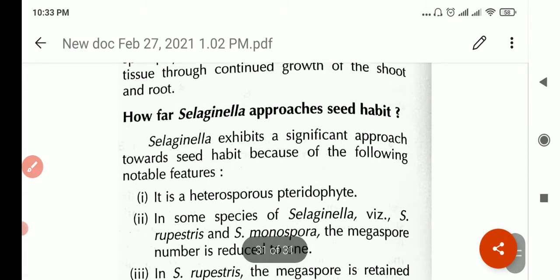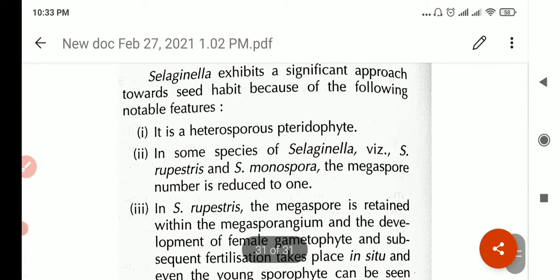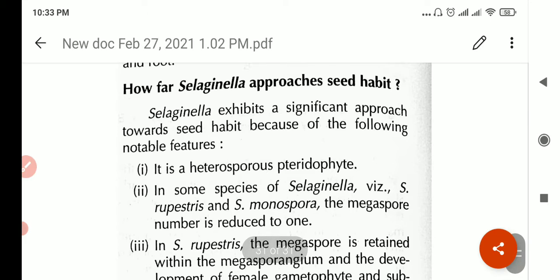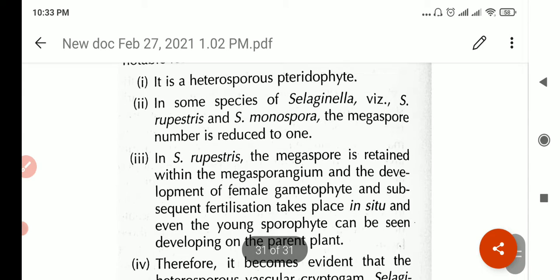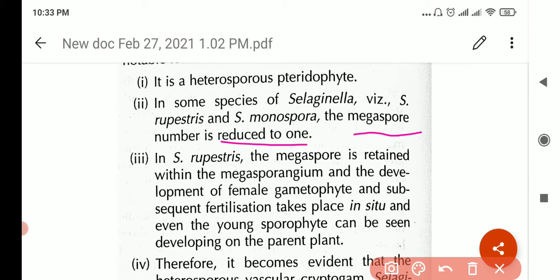Now let's look at how it approaches the seed habit. This means, how is Selaginella similar to the higher plants which produce seeds? Because number one, it is heterosporous. It produces 2 types of spores, a male and a female. So even in higher plants, you have your androecium and your gynoecium. And then remember, the megaspore is reduced to 1 out of the 4.